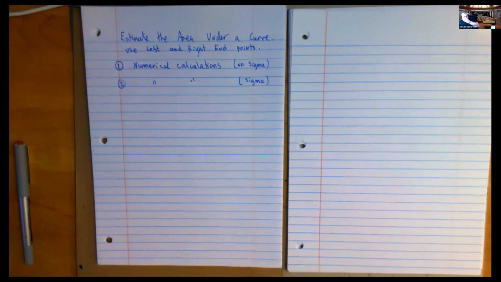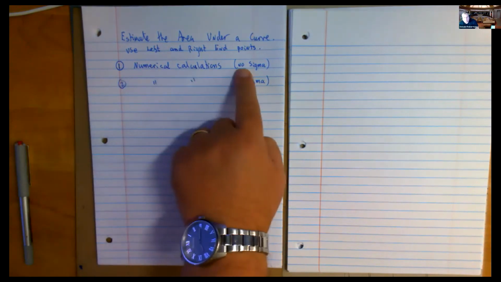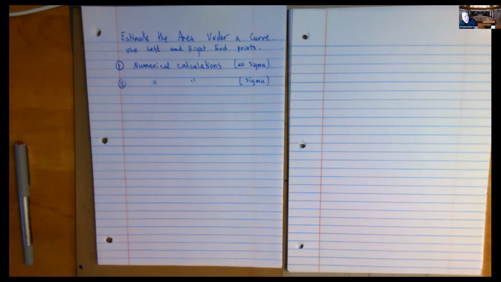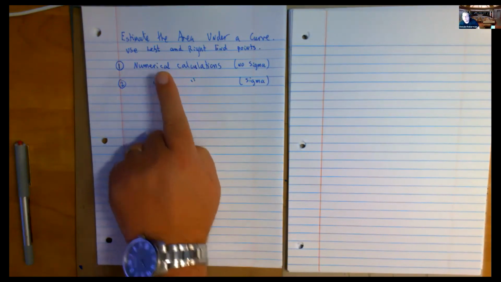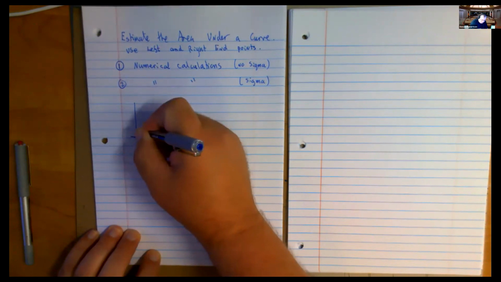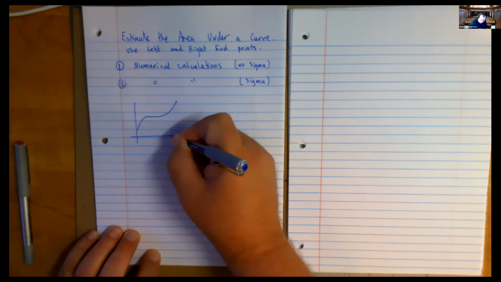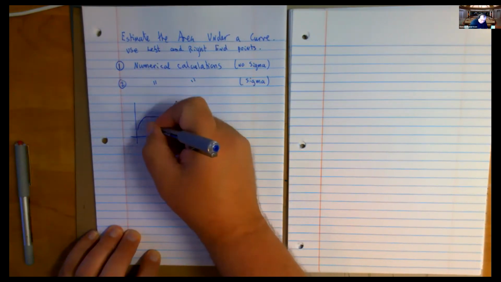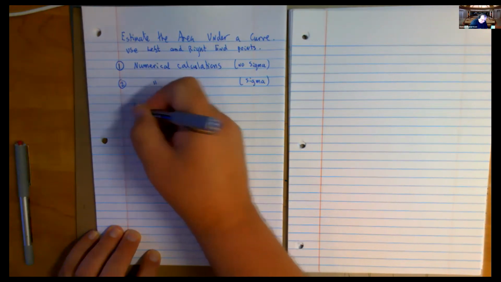Now, for some questions, the way the information is given to you, you have to do the numerical calculation without Sigma, because it's just not possible to use the calculator Sigma notation, right? The data isn't in that form. So the kind of questions where you're going to have to use number 1 are those where you are just given a diagram and your job is to estimate by reading off values.